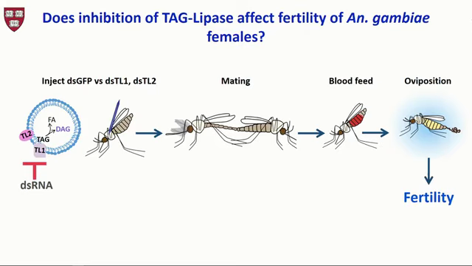One day post-injection of the double-stranded RNAs, we put the females in a cage of males for 2 days, and then on day 4, they were blood-fed, and 2 days later, we provide them oviposition cups for them to oviposit their eggs, and within 3 to 4 days, we then look at how many viable offspring emerge from these eggs.